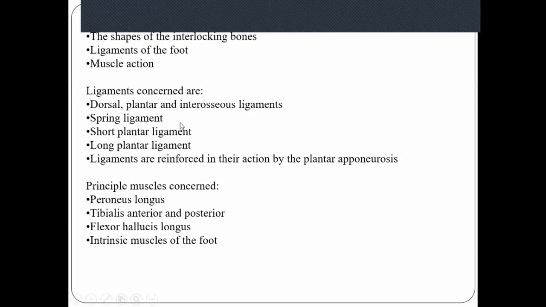Apart from these ligaments, there are principal muscles concerned in maintaining the shape of the arches. Those are peroneus longus, tibialis anterior and posterior, flexor hallucis longus, and the intrinsic muscles of the foot.